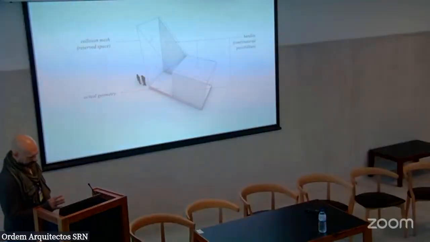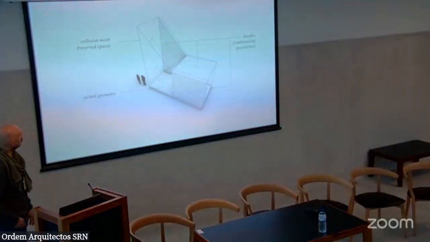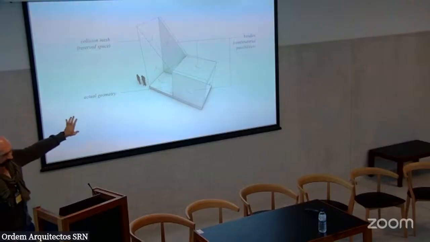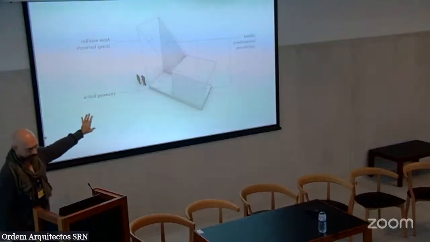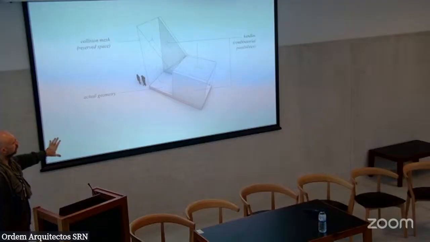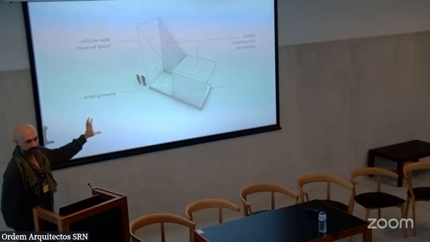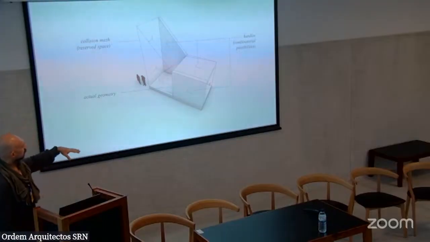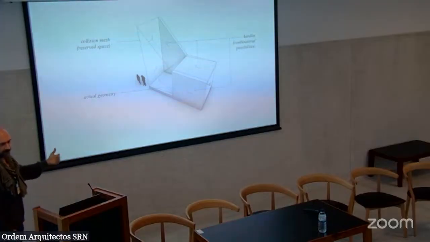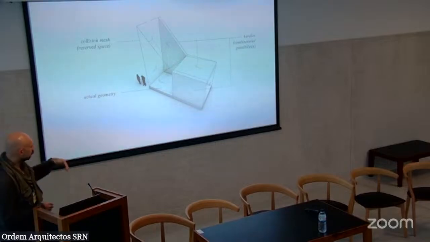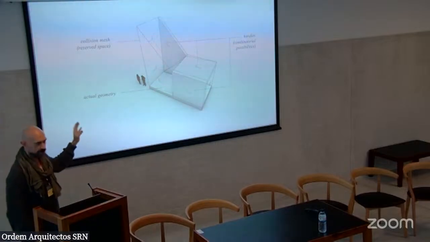So the anatomy of the typical part starts from a collision mesh. So the geometry of the space that needs to be reserved, that cannot be violated by other parts. Then you have handles or connectors that decide how the parts connect together, much in the same fashion as Styliani's rules.